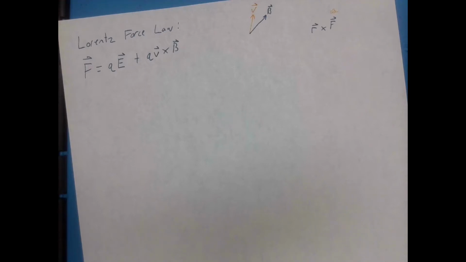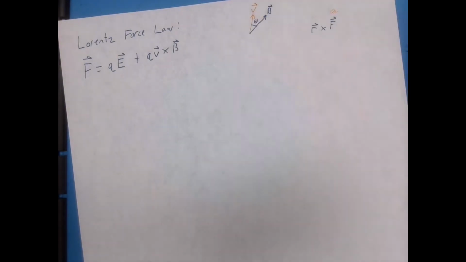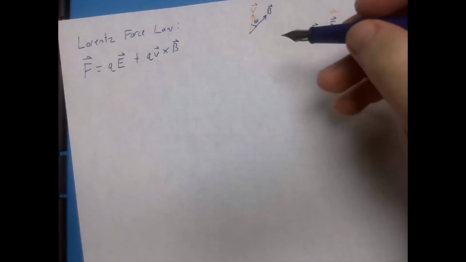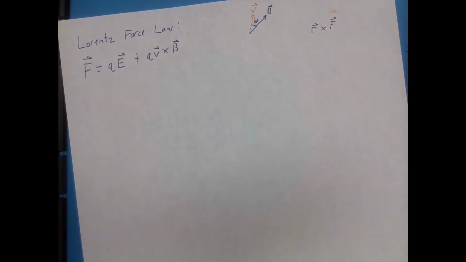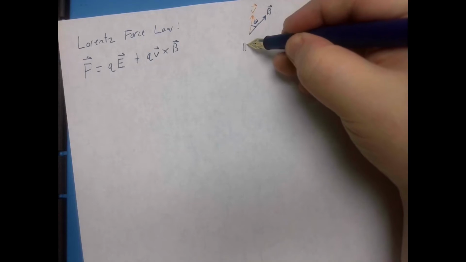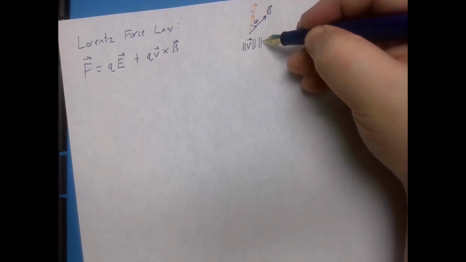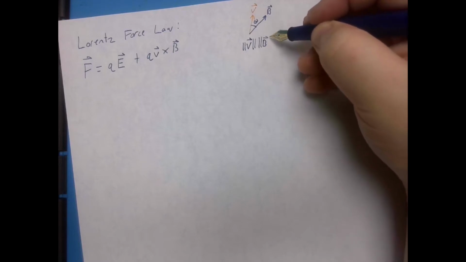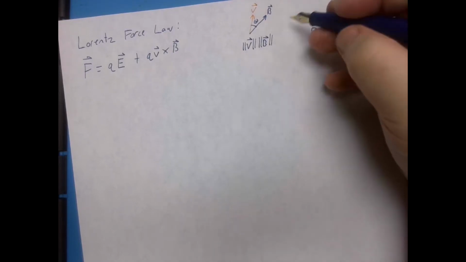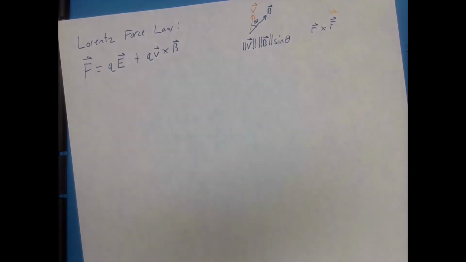Because it's the angle between A and B. So it's some angle here, theta. So this would be the magnitude of the velocity times the magnitude of the magnetic field times sine of theta is what this is equivalent to.